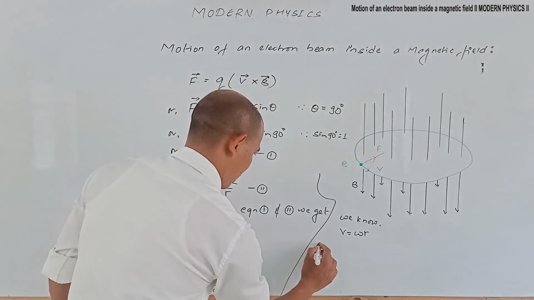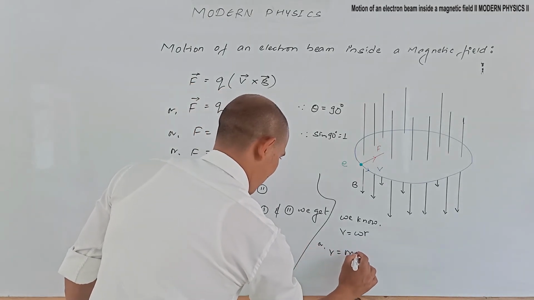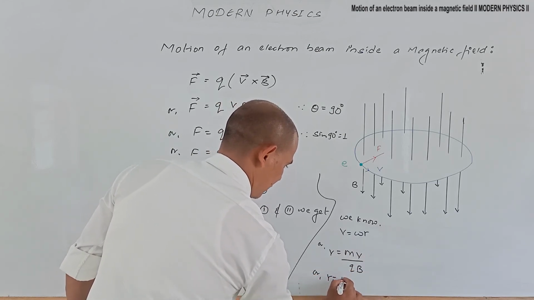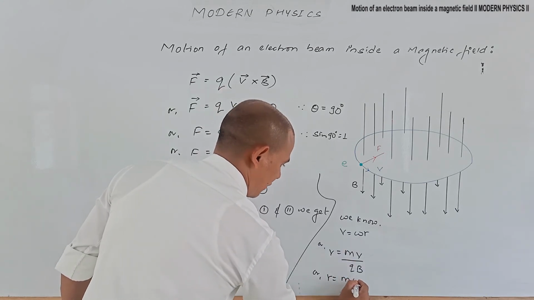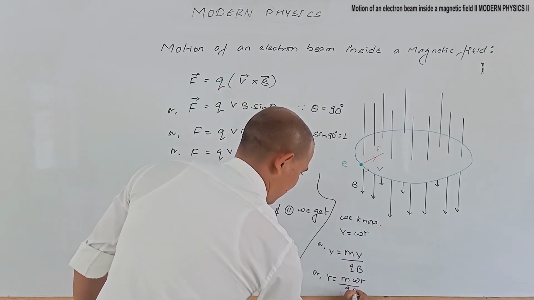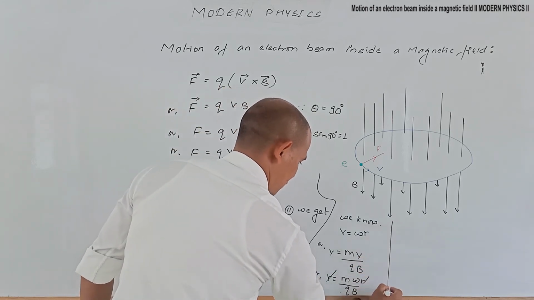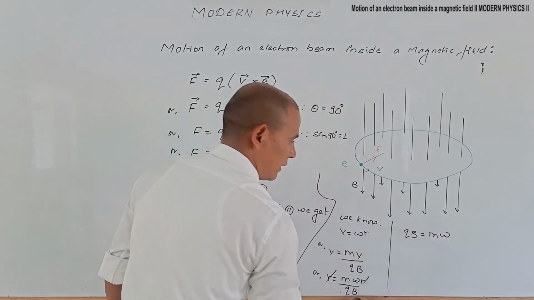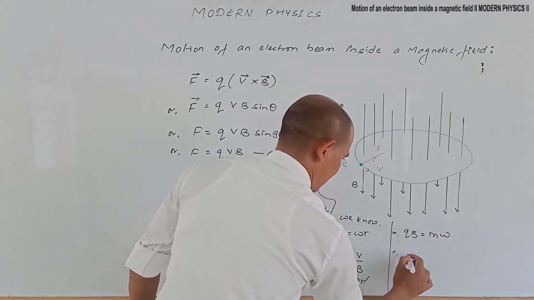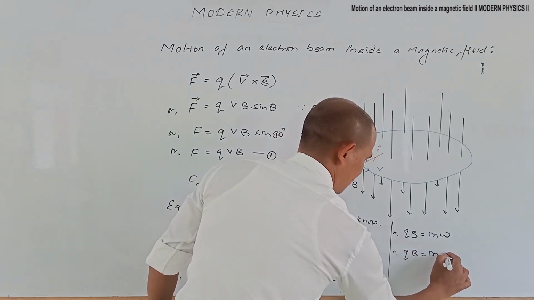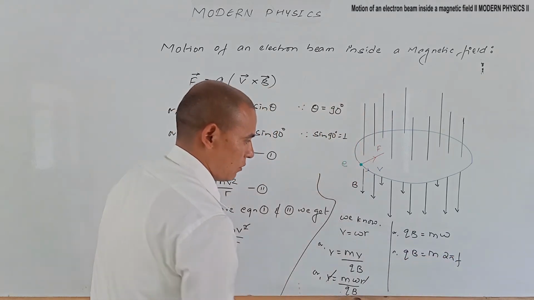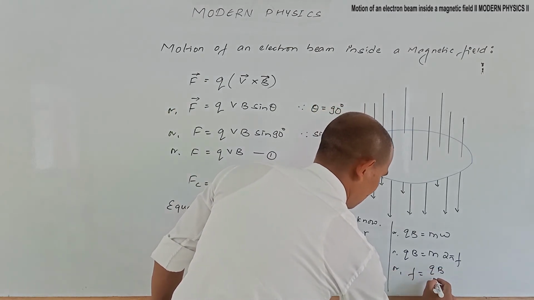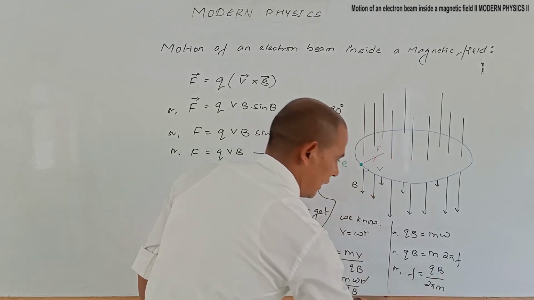So r equals m v by q B; if I replace velocity by omega r, r gets cancelled. So our equation will be q B equals m omega. Again we know omega equals 2 pi f, so the frequency will be equal to q B by 2 pi m.